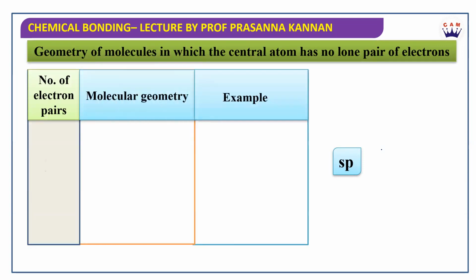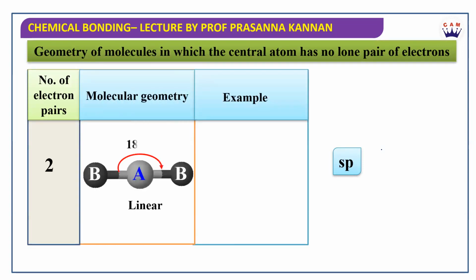Now let's look at this one. Examples of molecules having two electron pairs. H2O and all don't take part here, because there is the presence of lone pairs.